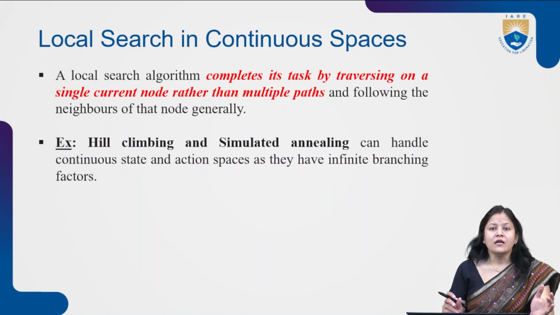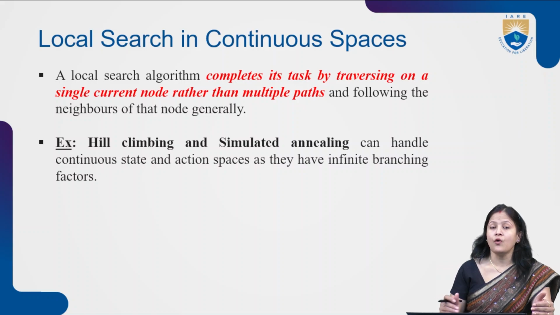A local search algorithm completes its task by traversing a single current node rather than multiple paths, following the neighbors of that node. So how do local search techniques explore the path? As I told you, local search is used to find the optimal solution. Will it explore all possible paths at a time? No, it is not like our classical search.